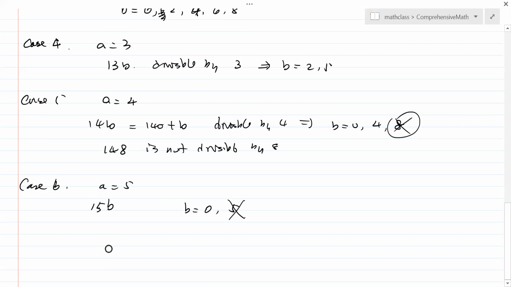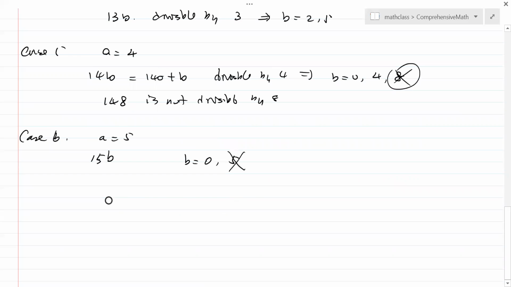Okay. Here's another problem. Let's look at that simple one first.